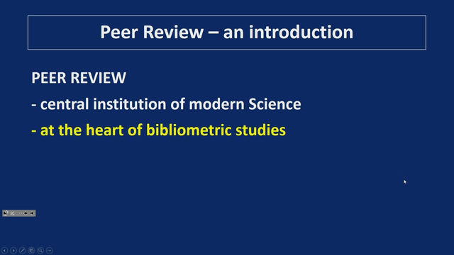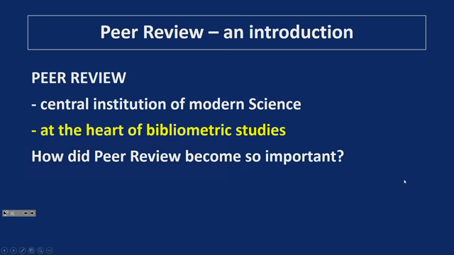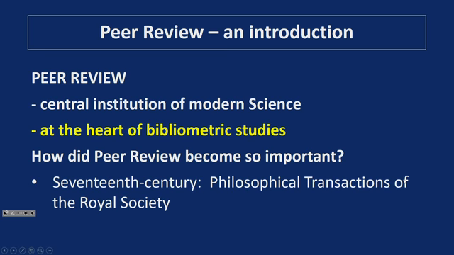So why and how did peer review become so important in science? The most common and widely diffused story about peer review origins credits the 17th century Philosophical Transactions of the Royal Society as the first outlet to adopt peer review.